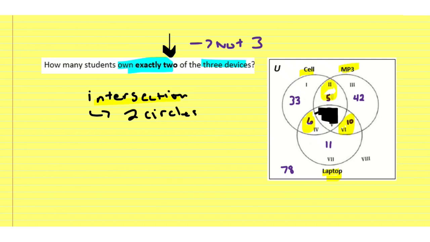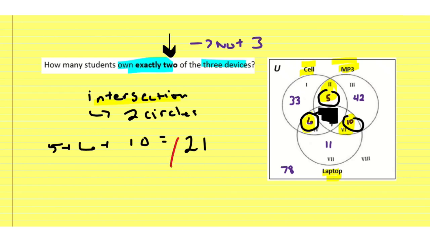And this is the overlap area between the cell phone and the MP3. So that means I'm going to add up 5 plus 6 plus 10. So 5 plus 6 plus 10 is going to be 21 students that own exactly 2 devices, but not 3.